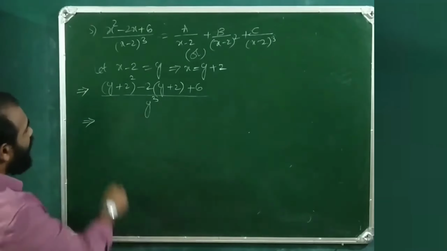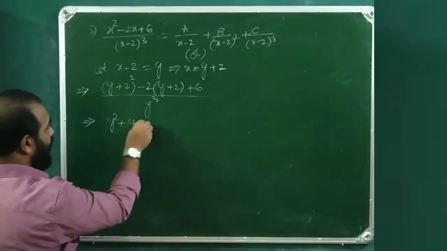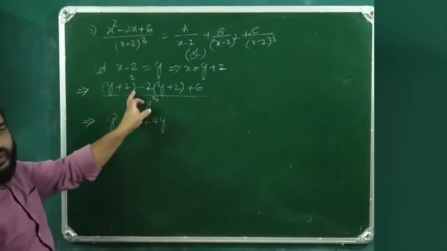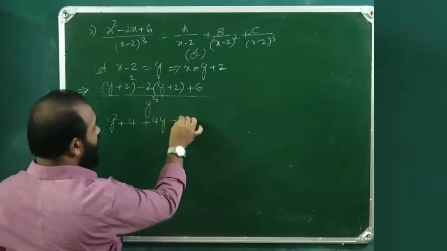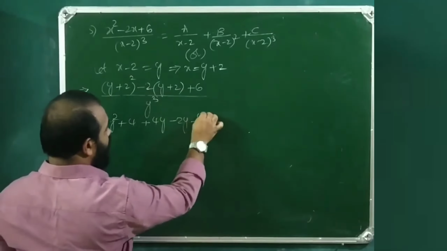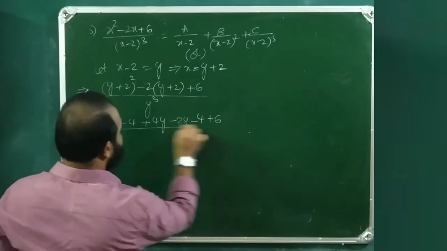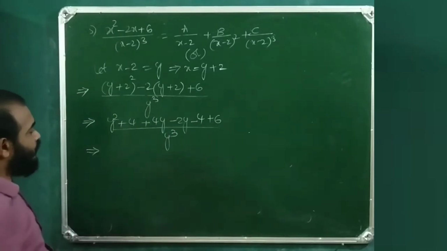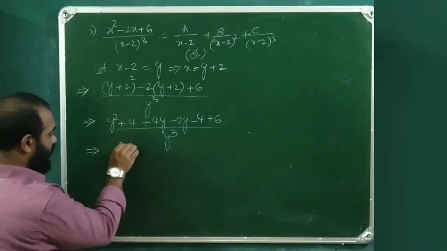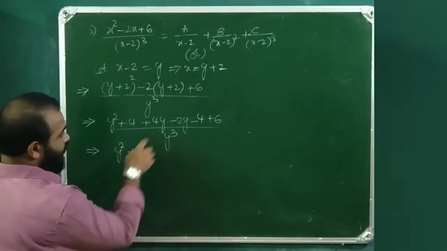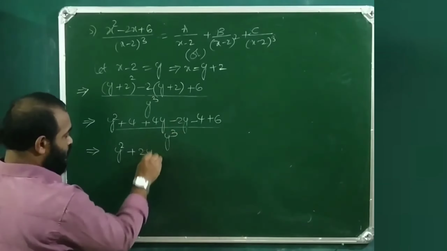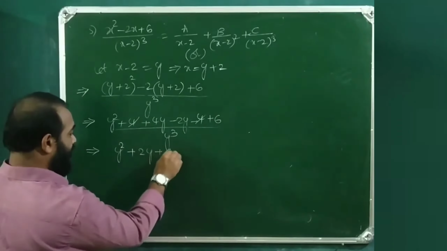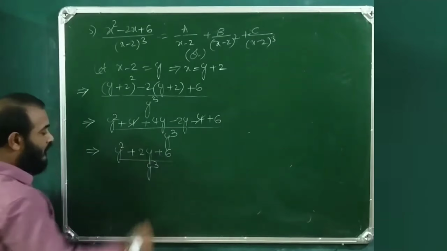So you expand this: y square plus 4y plus 4, minus 2y minus 4, plus 6 by y cube. This is equal to y square plus 4y minus 2y, which is plus 2y, the 4 gets cancelled, plus 6 by y cube.